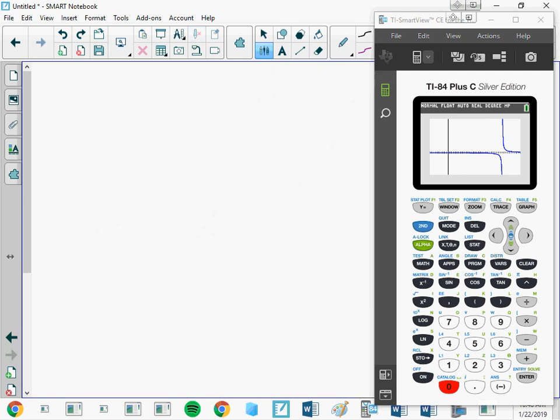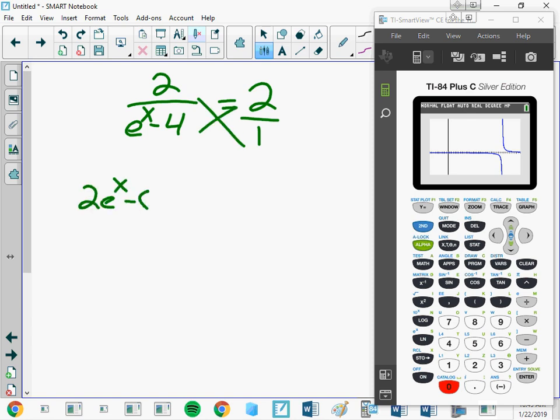All right. 2 over e to the x minus 4 equals 2. I'm going to cross multiply. 2 e to the x minus 8 is equal to 2.